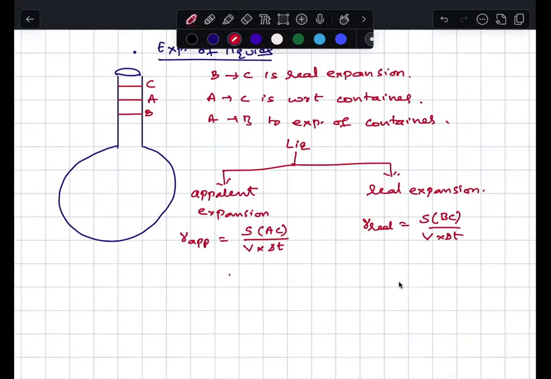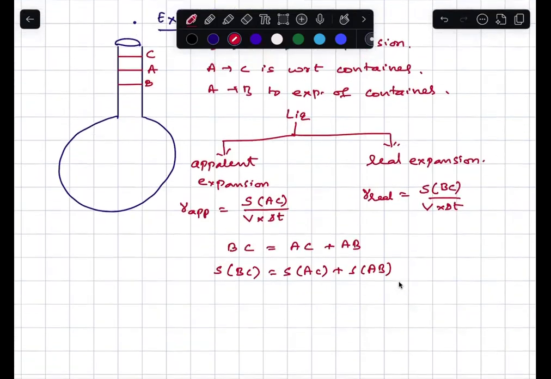You can write BC as AC plus AB. S times BC as S times AC plus S times AB. S times BC is nearly gamma real. S times AC is gamma apparent plus gamma container.